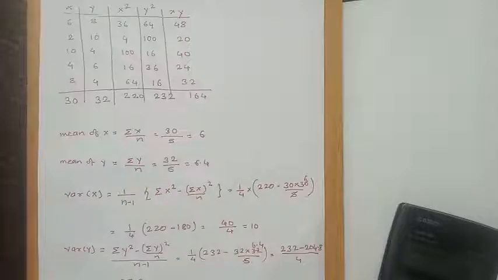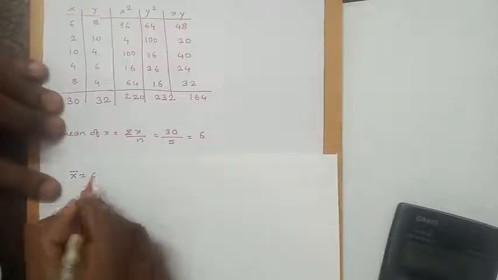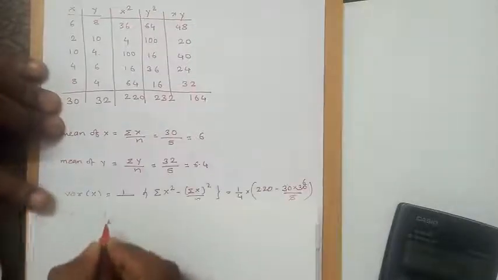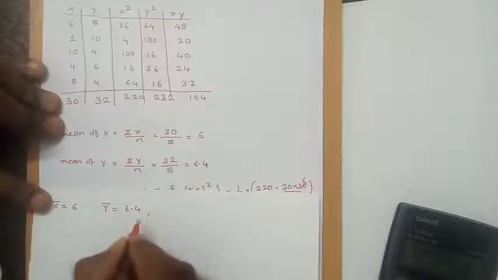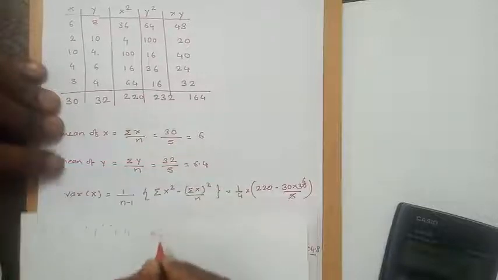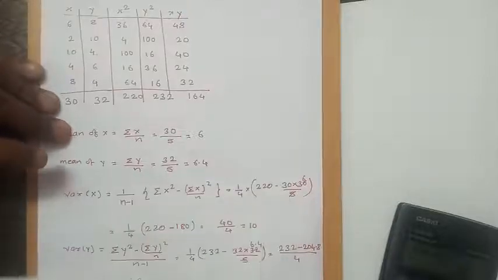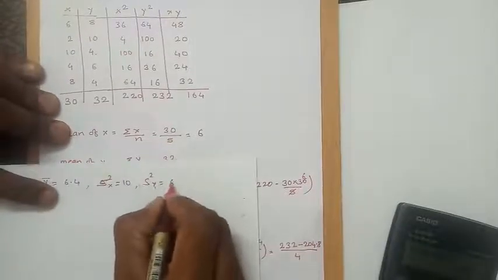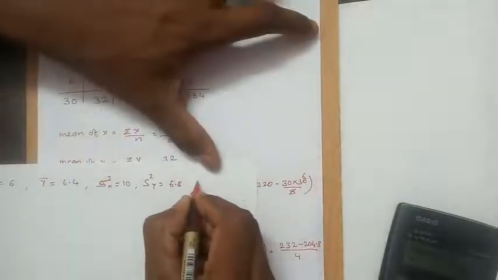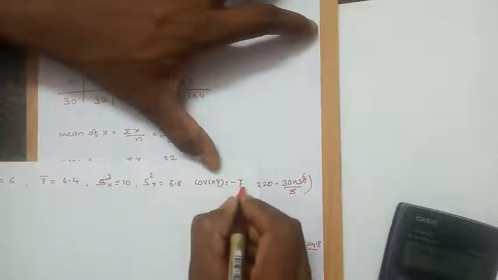Now we will write into a new page all these quantities: mean x bar equal to 6, y bar equal to 6.4, then variance of x, because it is sample, is 10, variance of y 6.8, and covariance of xy which is equal to minus 7.